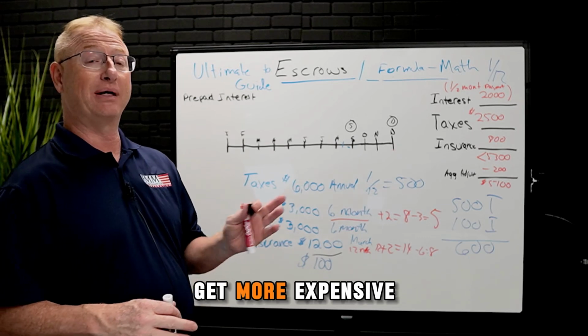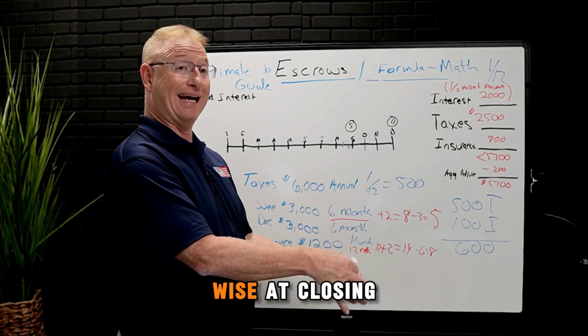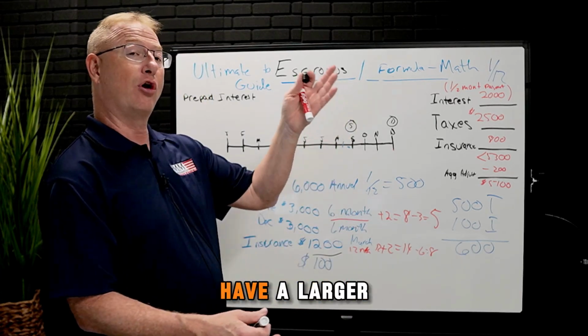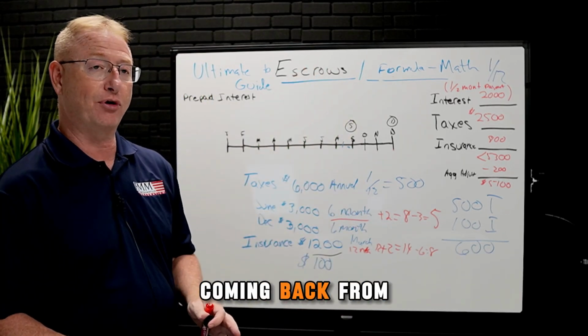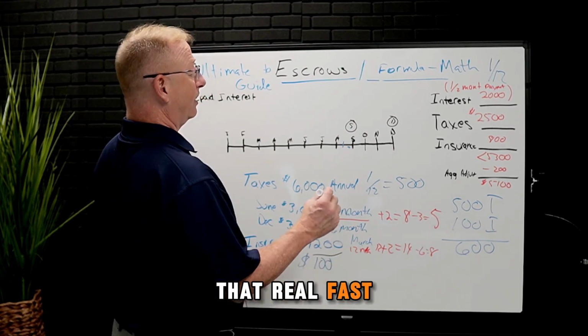But they do get more expensive cash flow wise at closing, but then you'll have a larger escrow account coming back from your current lender. I'm going to run through that real fast.